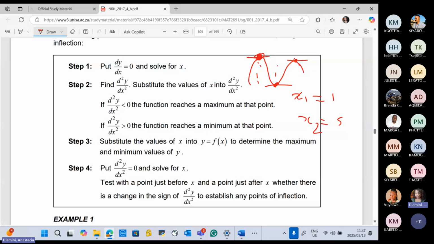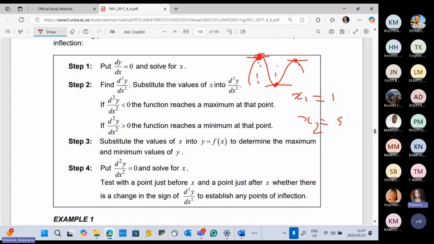What do I do first if I were to find the point of inflection? Set the second derivative to 0, then solve for x.